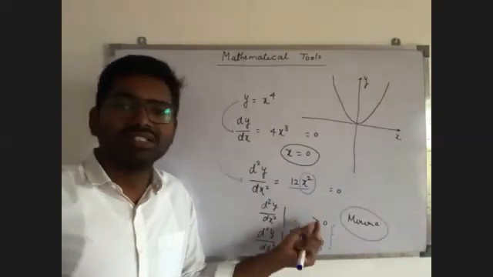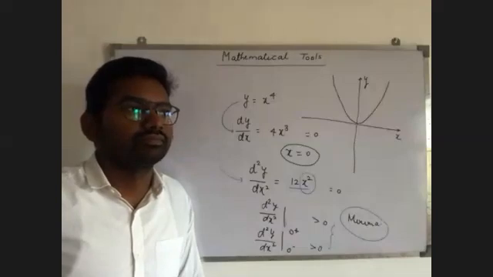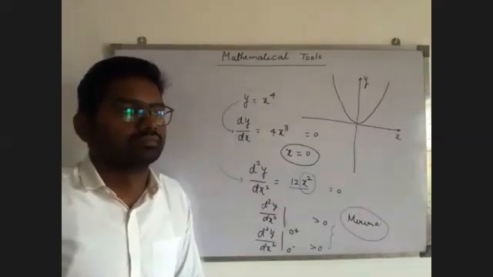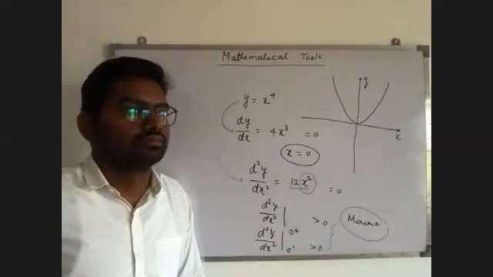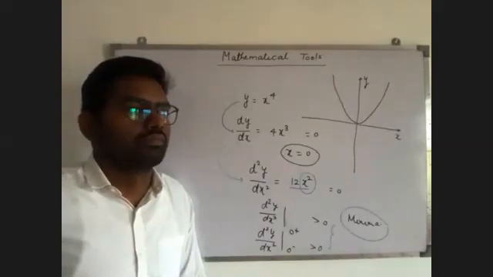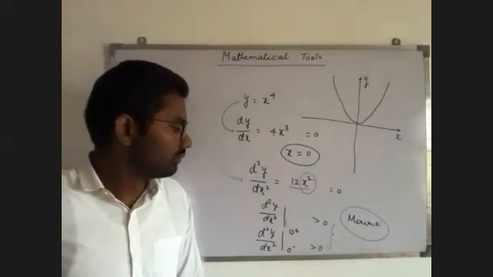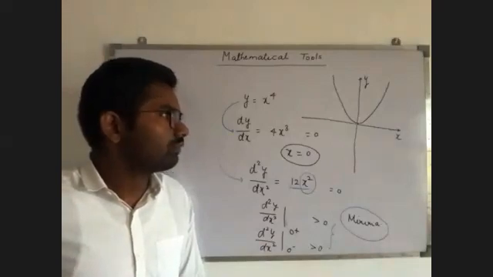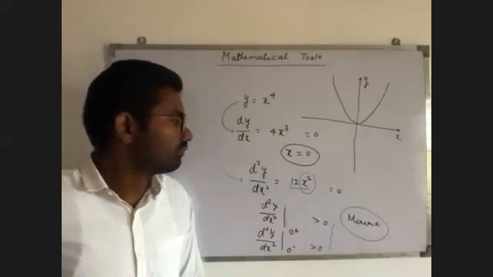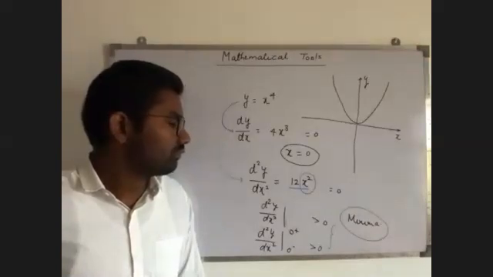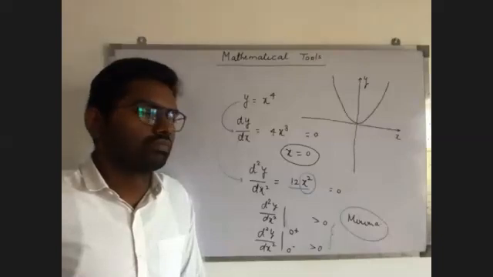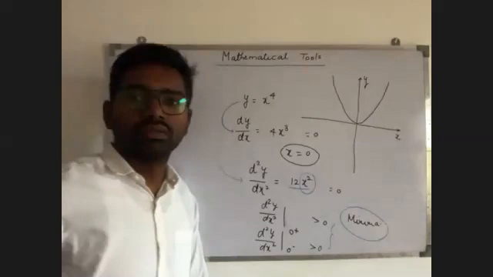Means if it is 0, then 0 plus and 0 minus. Is it done?